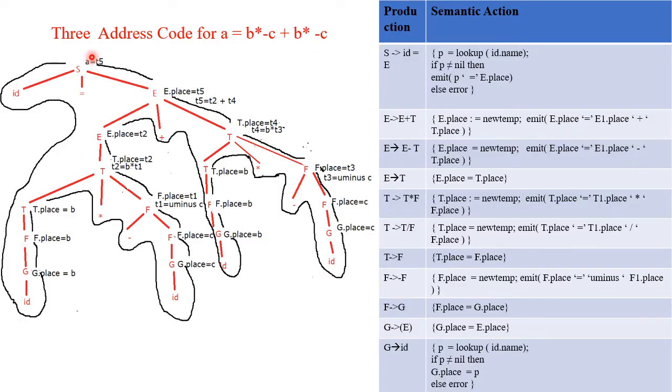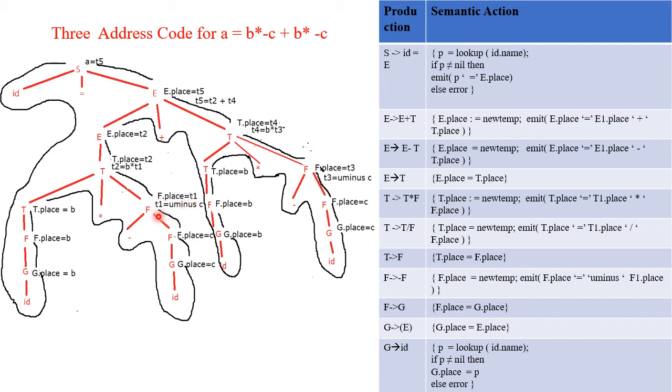That means traversing this parse tree, when we reach here, G.place equal to B, F.place equal to B, T.place equal to B. When we reach here, G.place equal to C, and here we have to perform F.place equal to new temp, that is T1.